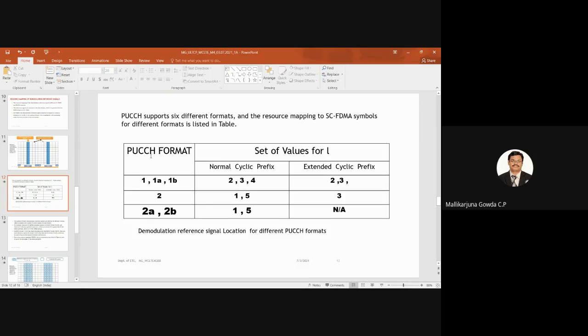If the PUCCH format is 1A, 1B, it is a normal cyclic prefix, and this is the location of the demodulation reference signal. It may be the 2nd, 3rd, or 4th OFDM symbol of the slot. For extended cyclic prefix, it will be the second or third OFDM symbol of the slot.